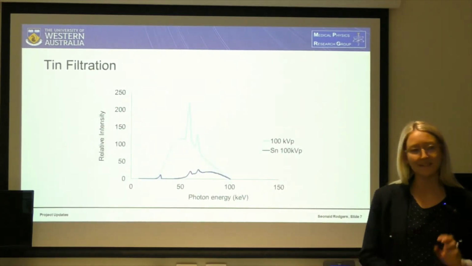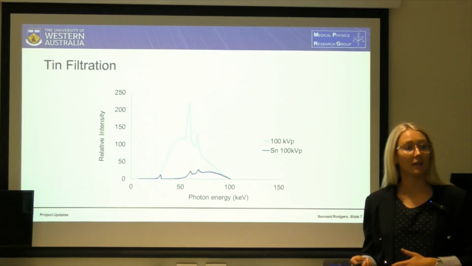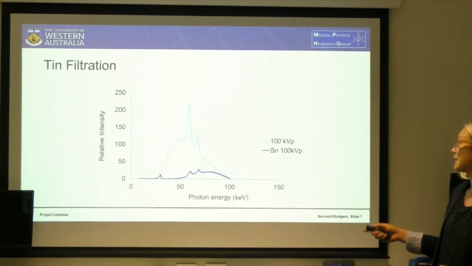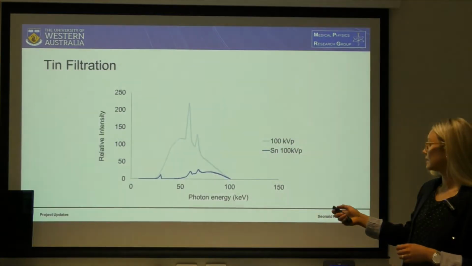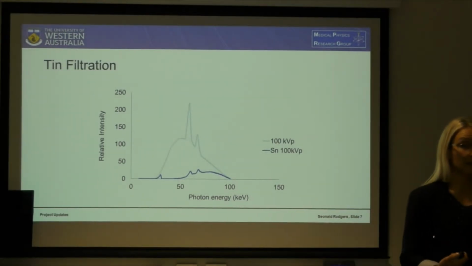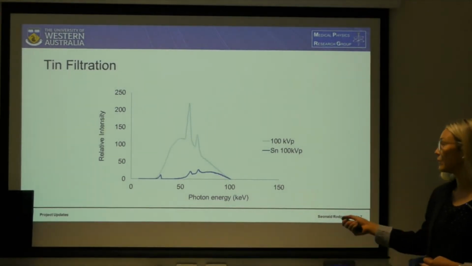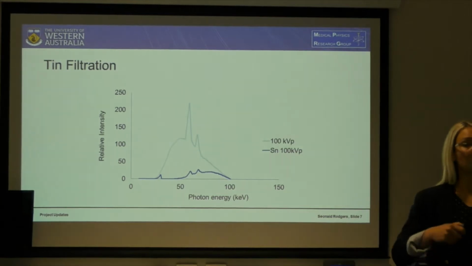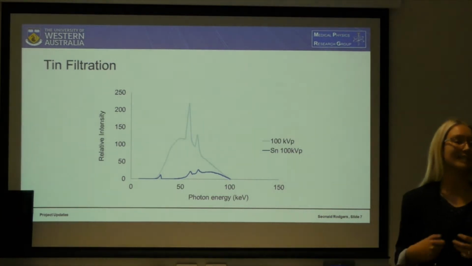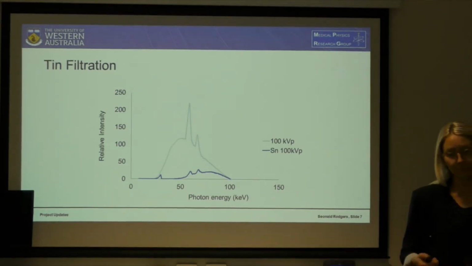Taking a closer look at the 100 kVp spectrum with and without tin filtration, we can see immediately that the tin filter heavily attenuates a lot of X-rays in the beam spectrum, but preferentially the low energy X-rays, so you get a shift in the average energy of the beam spectrum, which creates a hard X-ray beam.